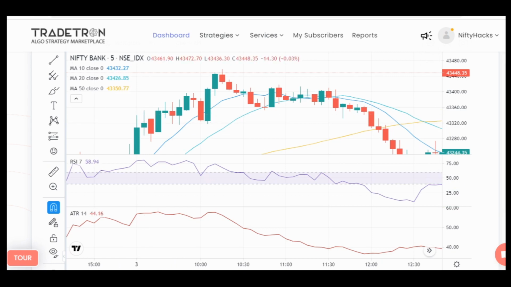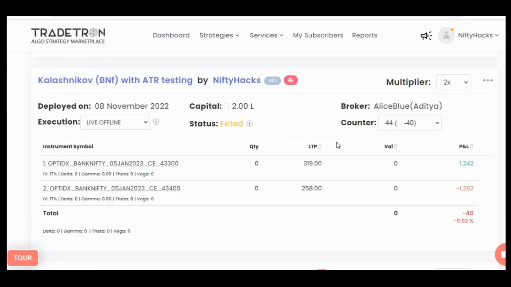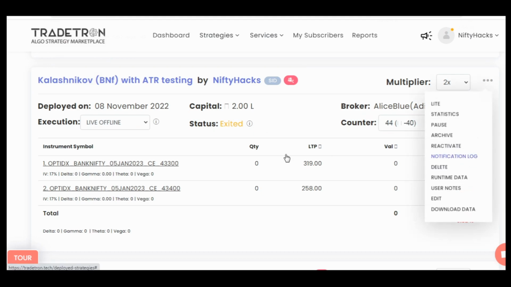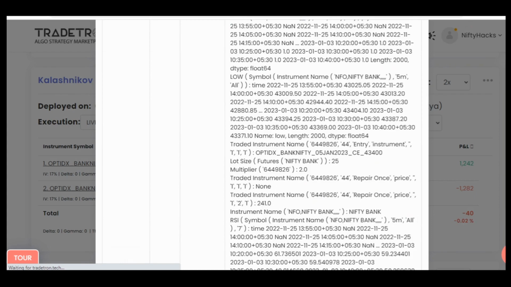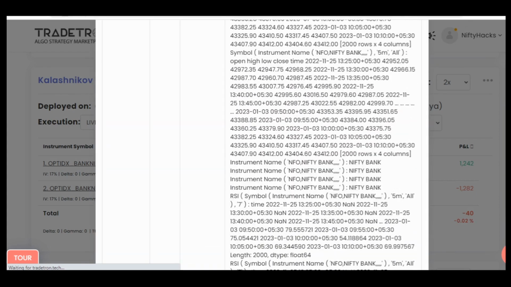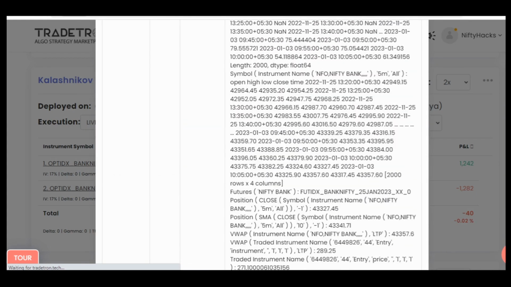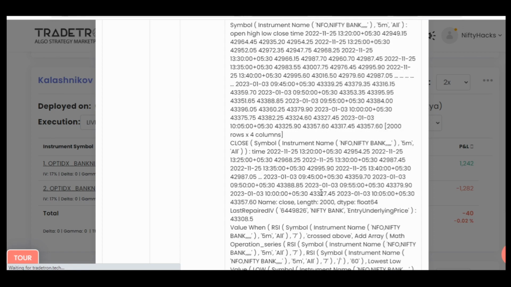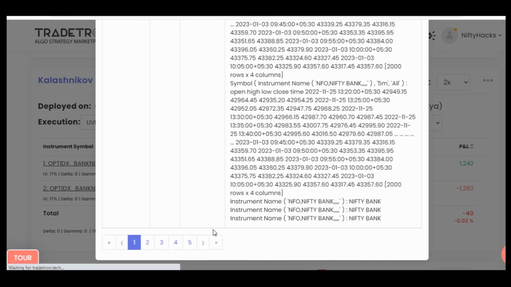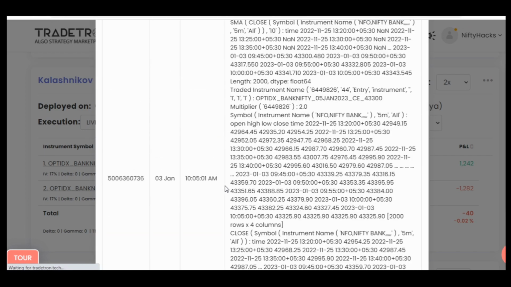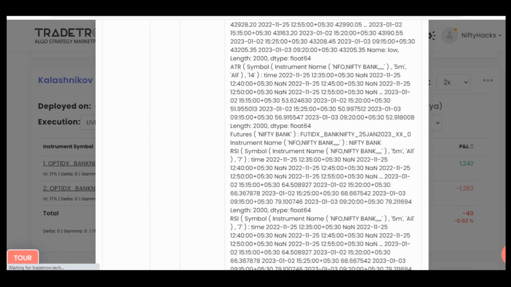If you want to check, let's go to the notification logs. So these are the notification logs. We will open the notification log of 9:20. Let's see if we can find what the ATR value was and what the high low value was at that time. On the first page it's not there. Let's check the second page.